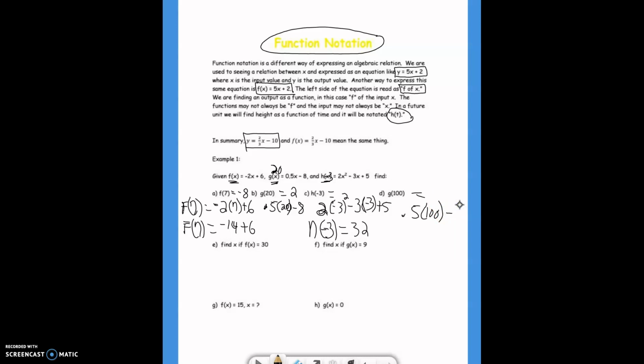Okay, 0.5 is just basically, isn't that half of 100, right? Minus 8, I think I said plus, minus 8. So that would give me G of 100 equals 42. My board's going a little crazy there.